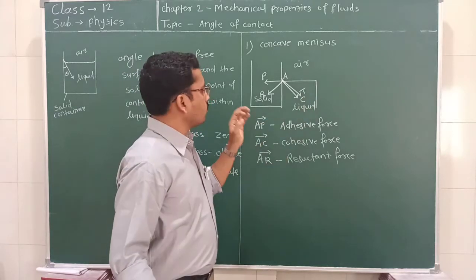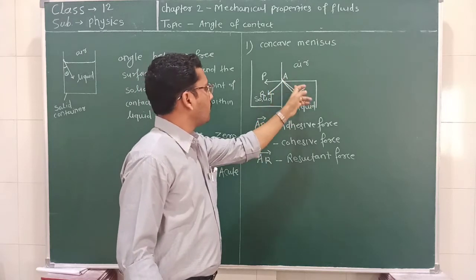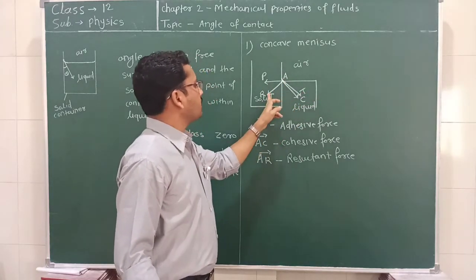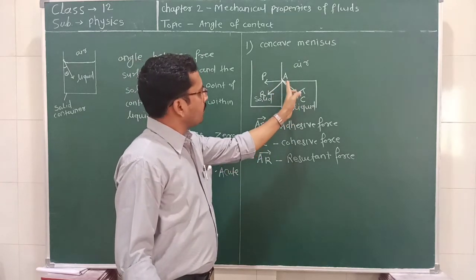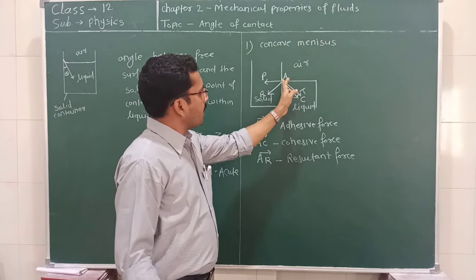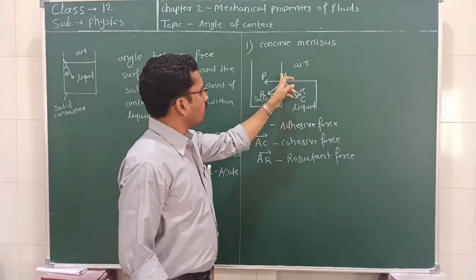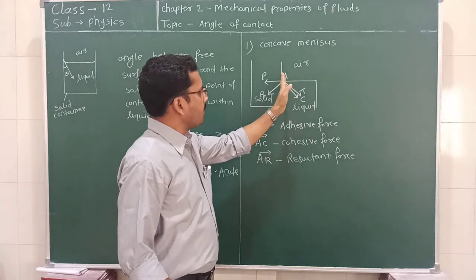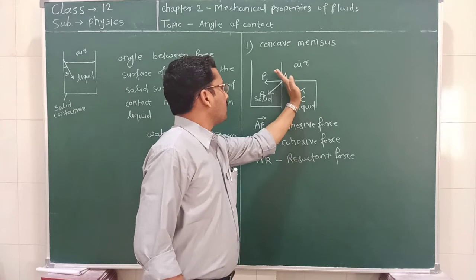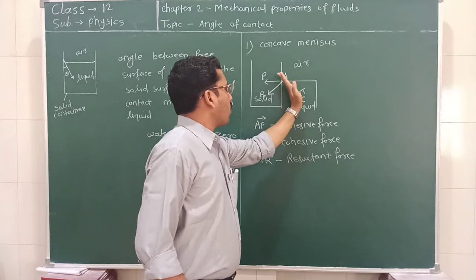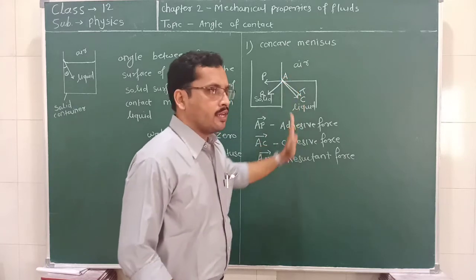So to make the angle between this tangent and this resultant 90°, this molecule A is piled up against the solid surface, and therefore the angle of contact of this liquid becomes acute, meaning it is less than 90°.